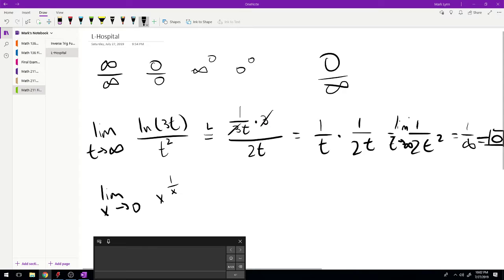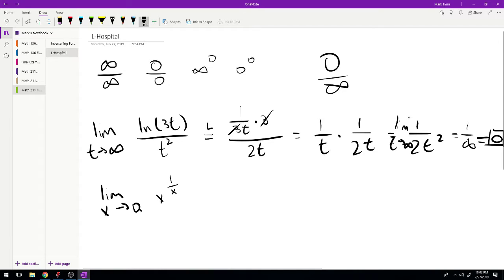My apologies. That's supposed to be the limit as x goes to infinity. Okay. So proceeding onwards, in this case, we would get infinity to the 0th power, which is going to be our third case of the indeterminate form.